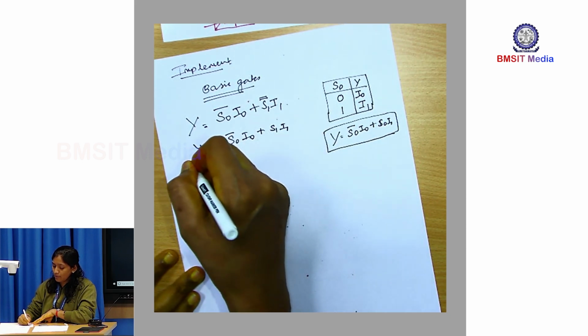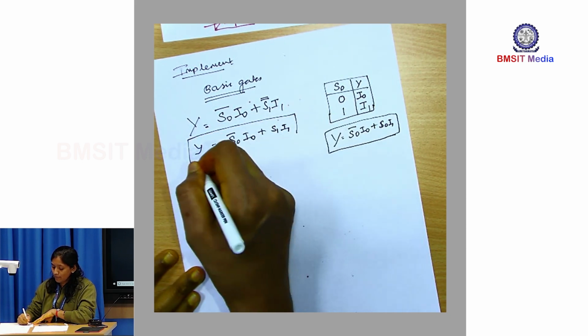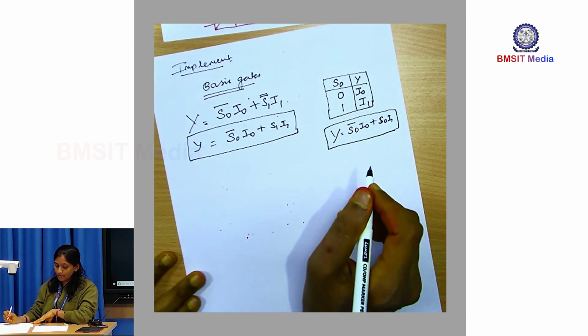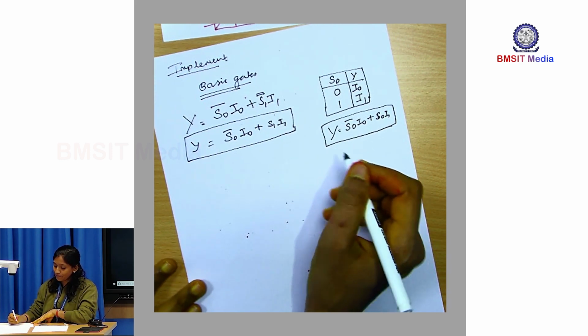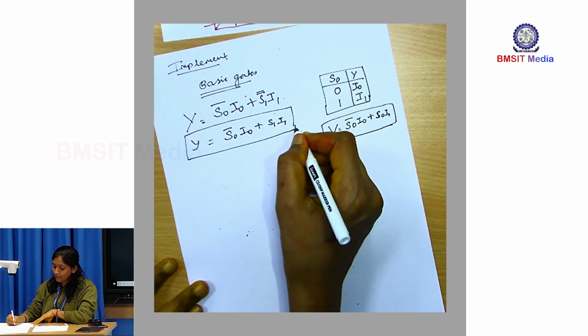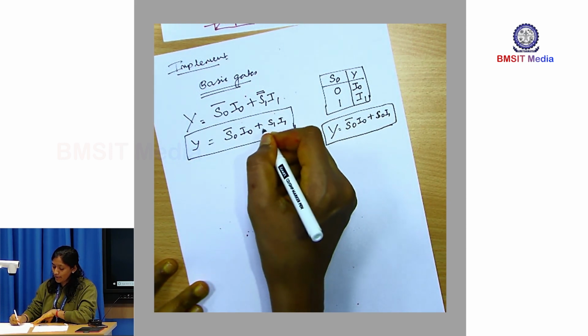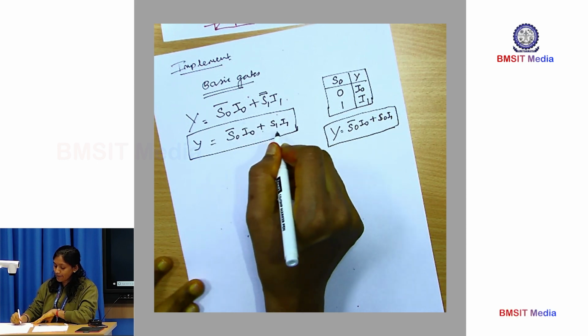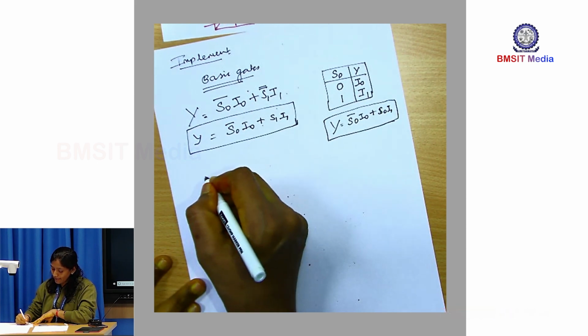So, this is my output y. From this, what is required? The gates required are 2 AND gates and 1 OR gate.